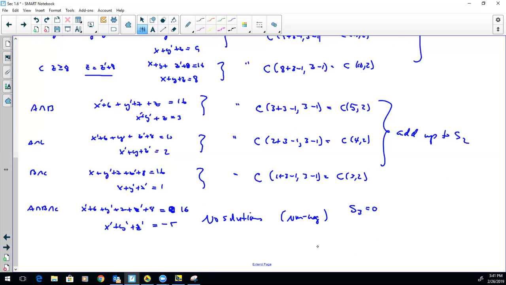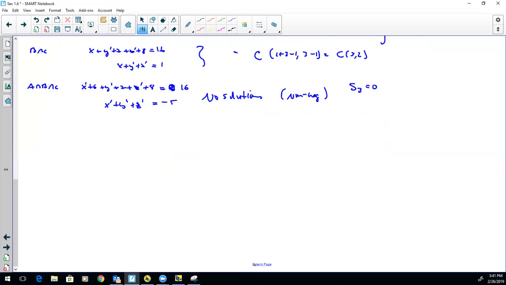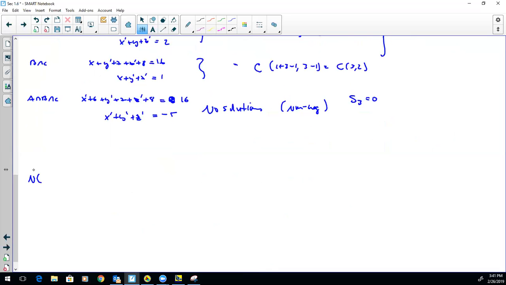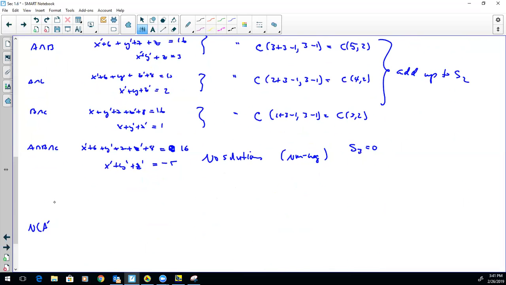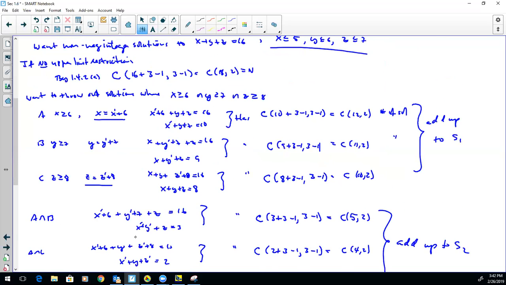Okay, so our final answer is, let's see if I've got this down here. The number of things where x is not greater than or equal to 6, and y is not greater than or equal to 7, and z is not greater than or equal to 8, is the total number of everything, which we got way back up here somewhere, C of 18, 2.